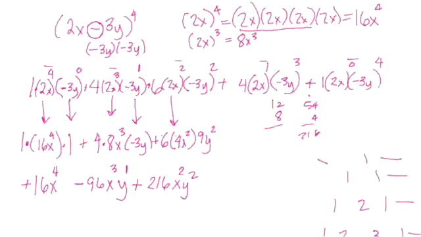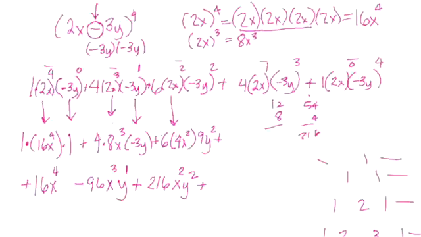Exponents are still adding up to 4. Notice, though, that this one was positive, this is negative, this is positive. The next one is going to be negative. And the reason I knew that was because of this thing right here. That negative in between there makes it alternate.